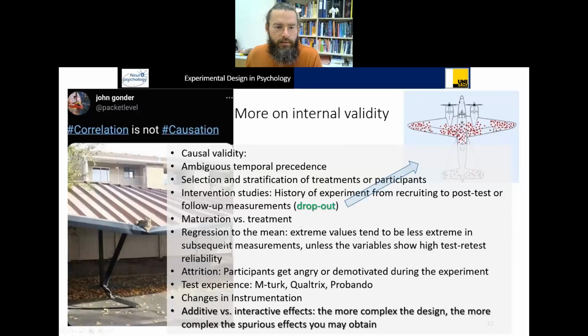Another point connected to that is regression to the mean. This is a statistical, mathematical artifact caused by the natural variability of measurements. Measurements you may take from people or from organisms are naturally variable.